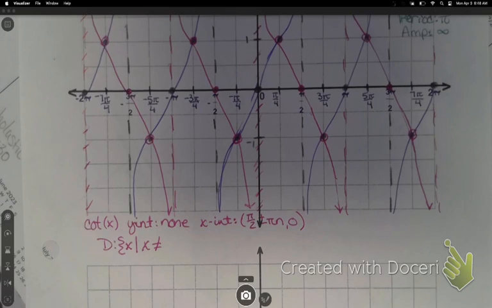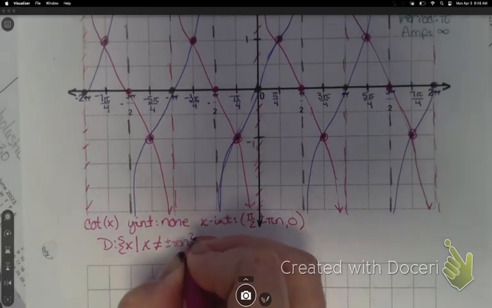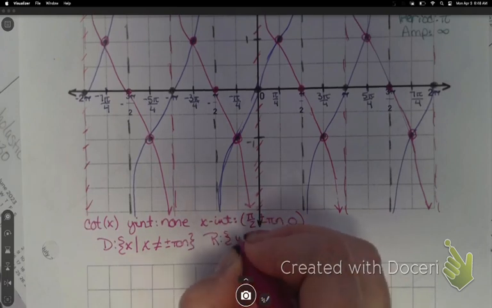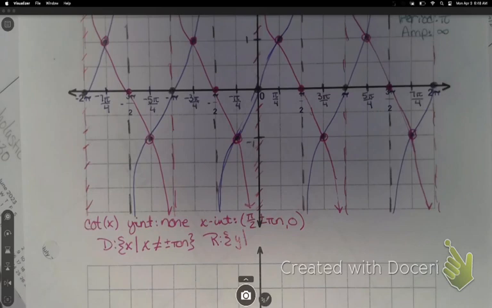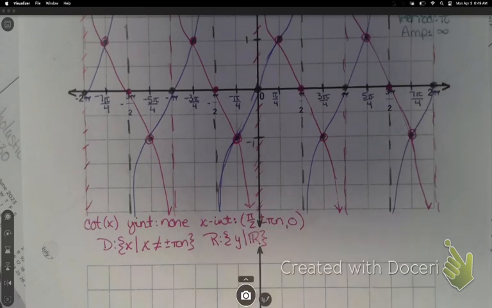Where are those asymptotes at? The whole pies, right? 0, 1, 2, 3. So just plus or minus pi n. Range. Are all the y's included? Yep. So all real numbers. It would be considered an odd function as well.